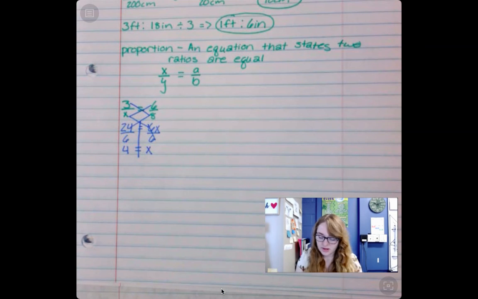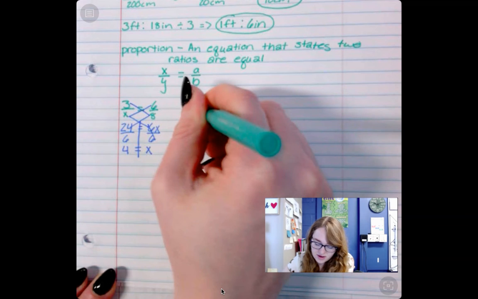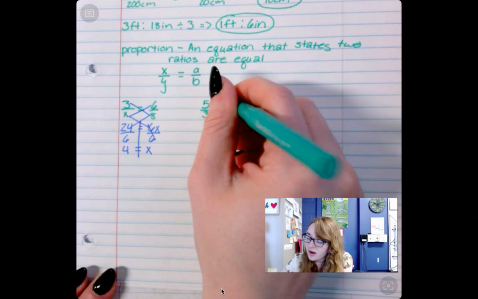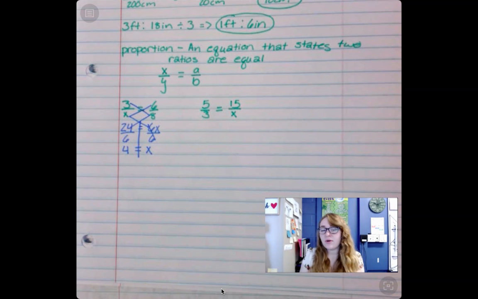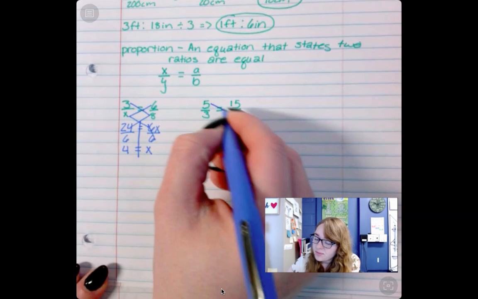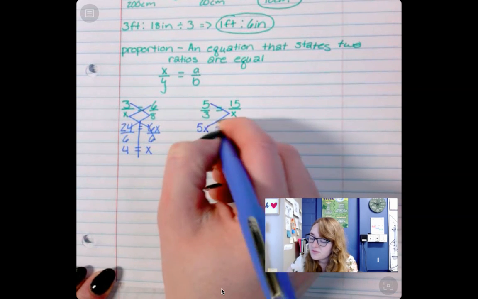Let's do another one like that. If we have a ratio 5 to 3, and that is equal to another ratio of 15 to x, we want to solve for x once again. Again, we're going to cross multiply. We take our top left 5 times our bottom right of x, so we have 5x.